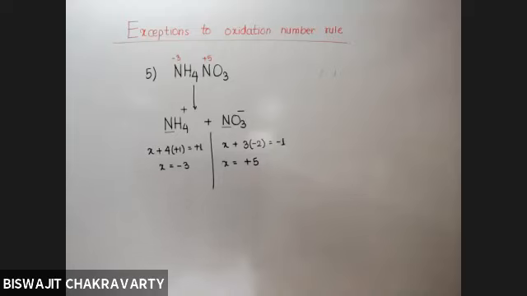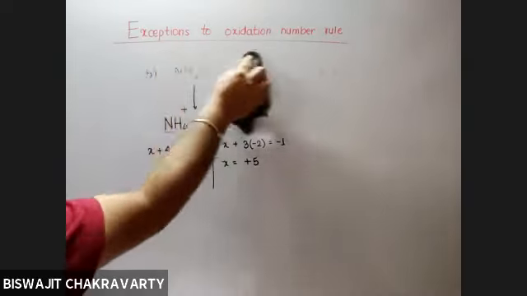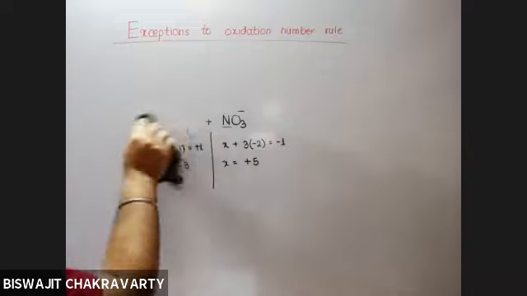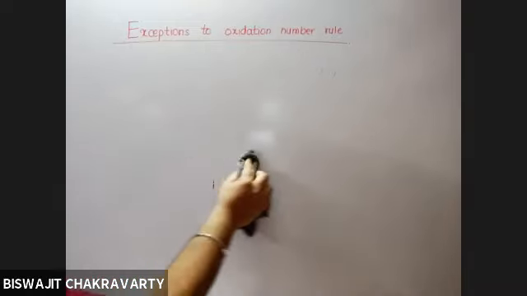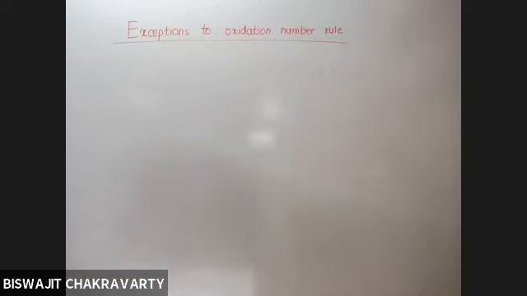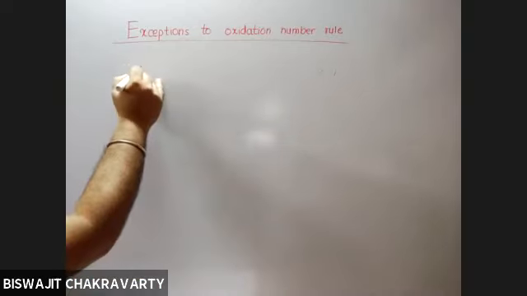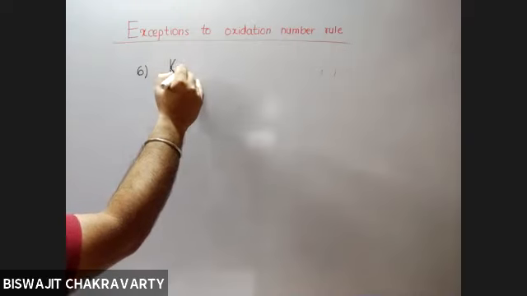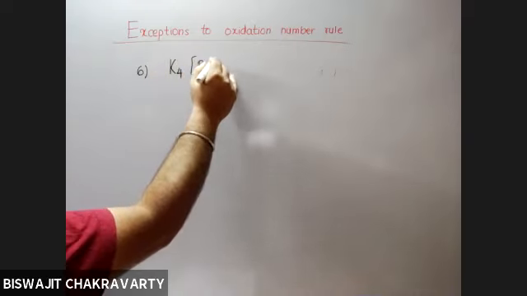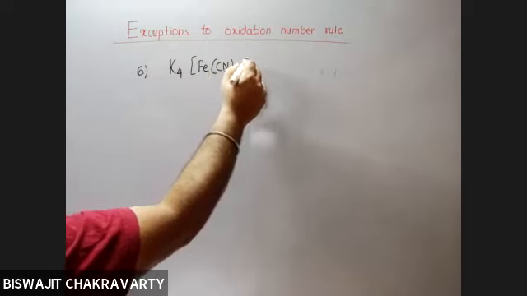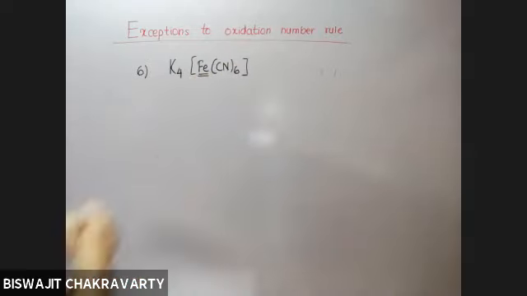So these are some of the exceptions that you need to take care of. Can I proceed further? Yes, sir. Sometimes you might come across such types of compounds where you need to calculate the oxidation number of iron.